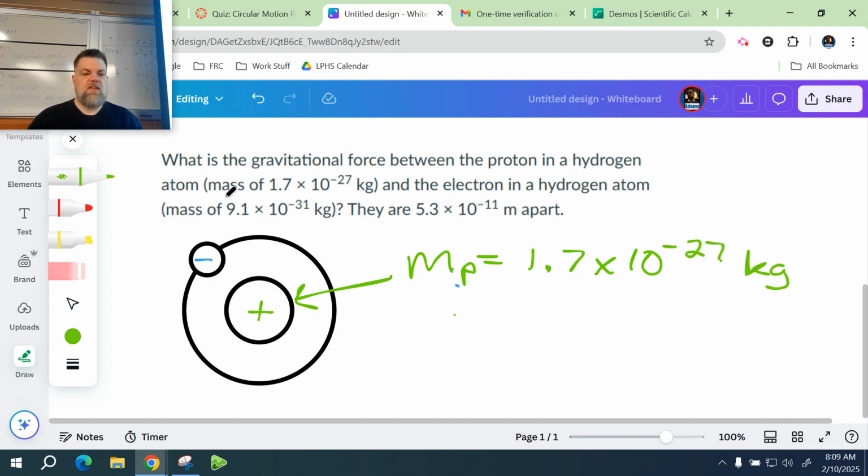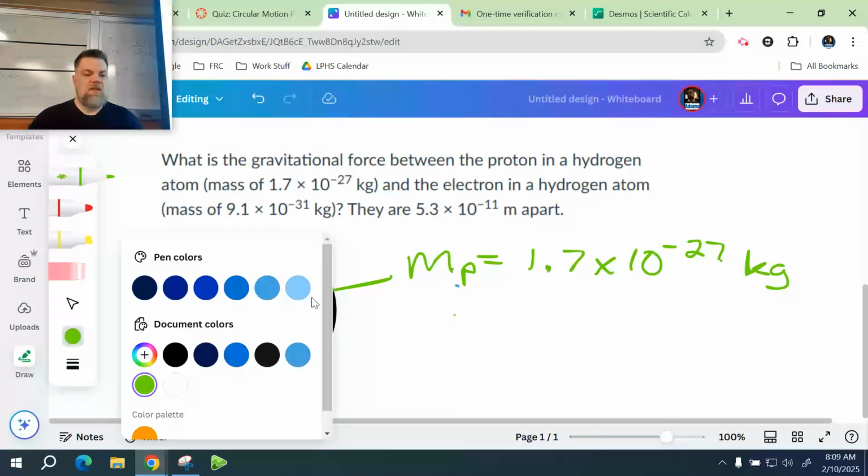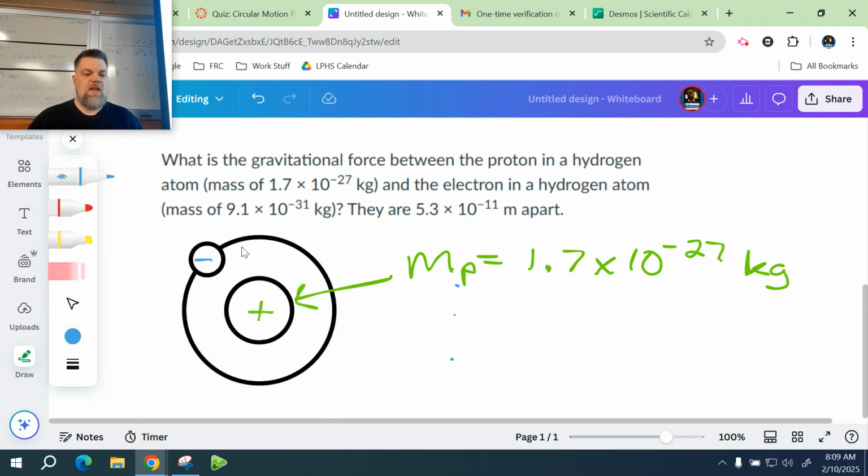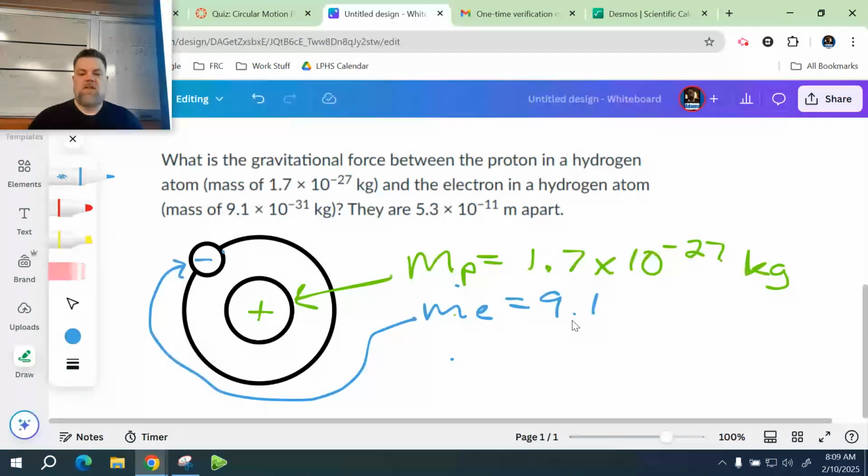All right, so that's in kilograms. That's good. And then the mass of the electron is equal to 9.1 times 10 to the negative 31 kilograms. So they're very small items.